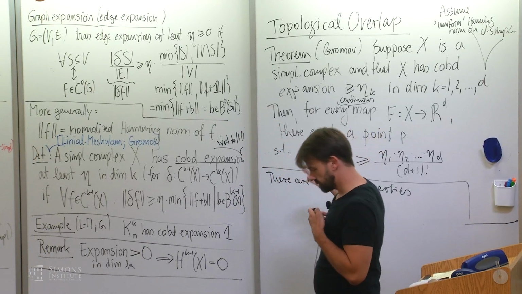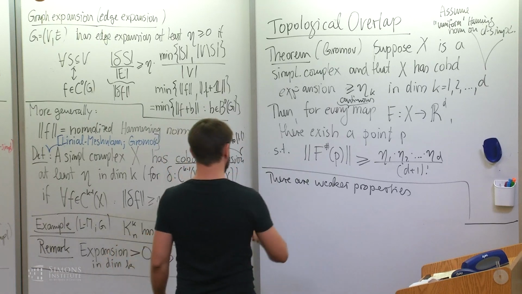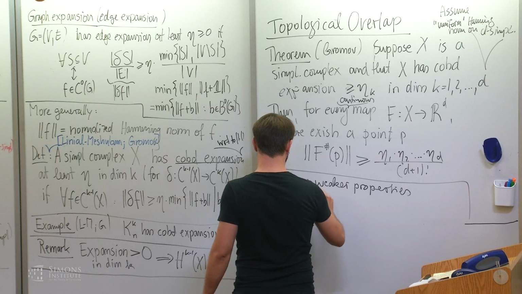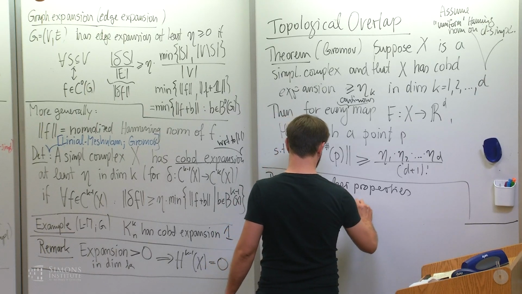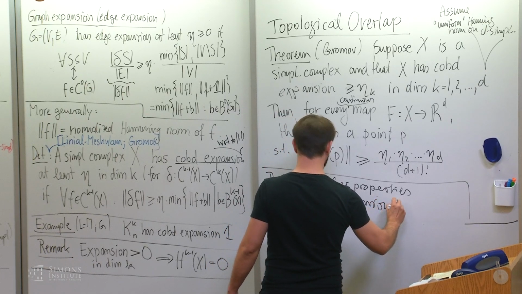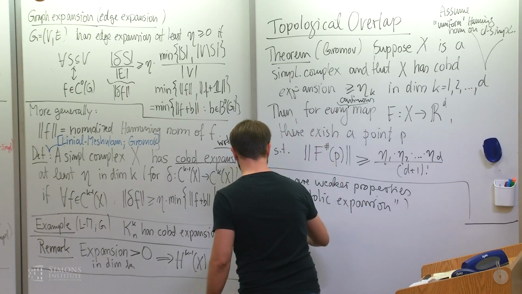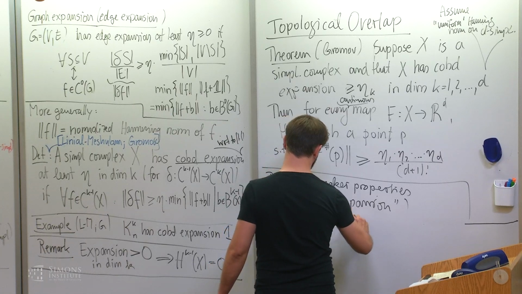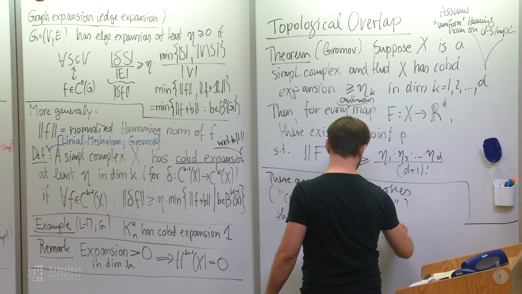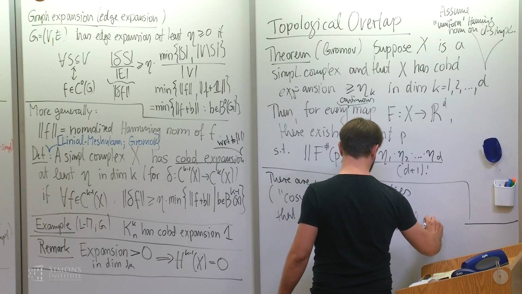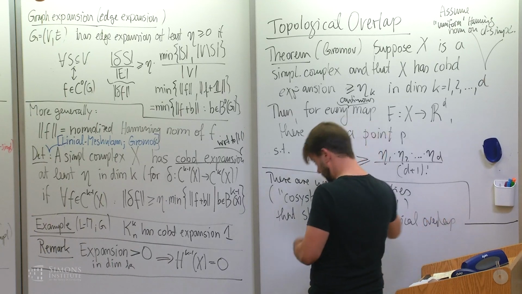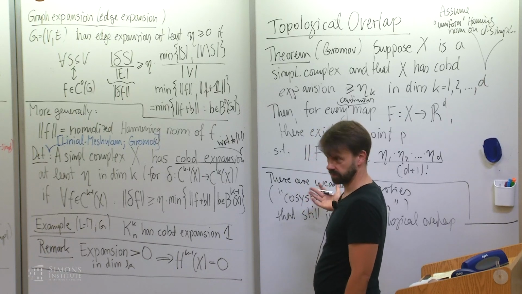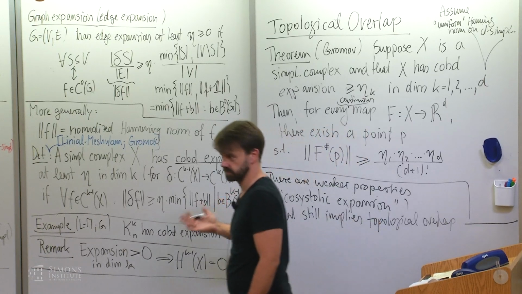And there is a corresponding weakening in higher dimensions, which goes under the name of cosystolic expansion. That is still sufficient. And even that is stronger than, it implies topological overlap, but you don't need it. You can weaken things further.